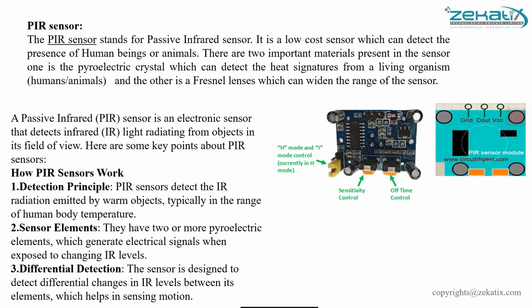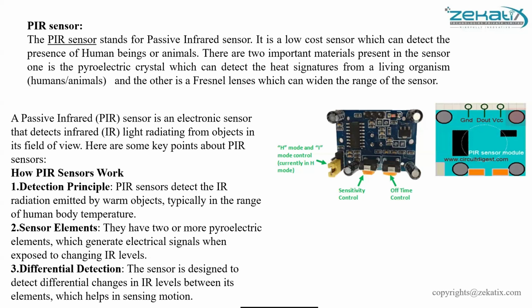There are certain key points you want to know about the PIR sensor. The key points include the detection principle: it detects IR radiation in the range of human body temperature, and it is designed to detect differential changes, which helps in sensing motion.